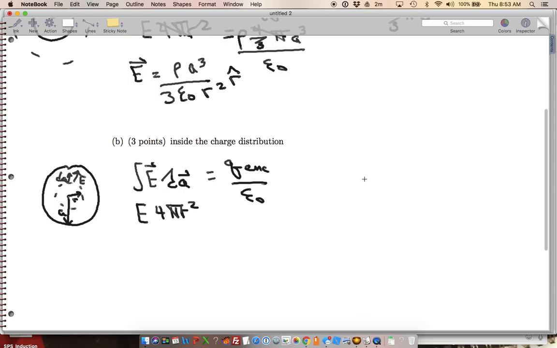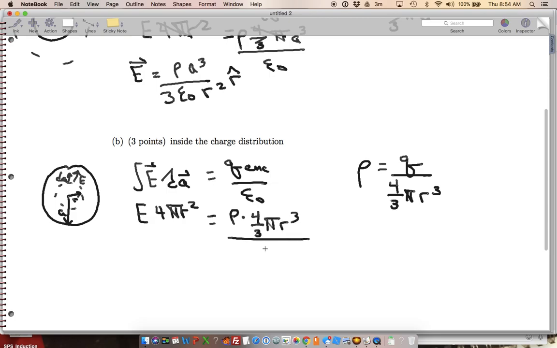And now Q, so I've got rho is equal to Q over 4/3 pi, now it's going to be r cubed, because I'm only going out this far. I don't get all of the charge that I would get for going out to A. So I'm plugging in Q is equal to rho times 4/3 pi r cubed over epsilon naught.